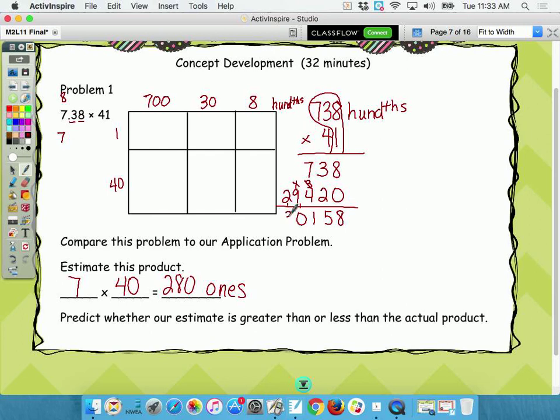Okay. So I got 330,158 hundredths. And equals. Now, can I put the decimal in this number, or do I have to rewrite it in standard form? Rewrite it in standard form. So, where's the only logical place to put the decimal? Alondra, where's the only logical place to put the decimal?